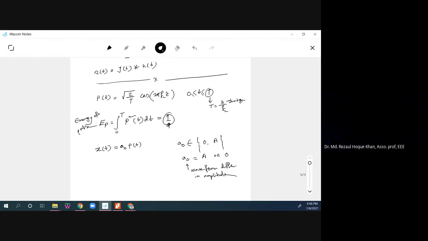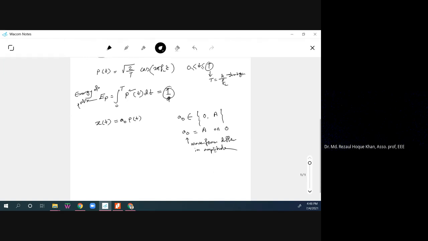Same as previously described, for bit 0, if our information bit is 0, the signal will be A square root of 2 by T cos 2 pi Fc t. This is for 0.